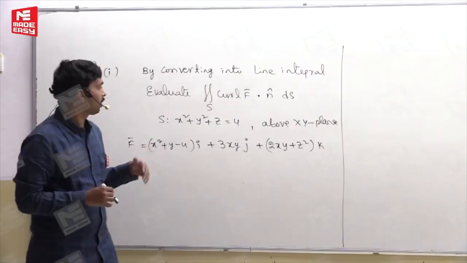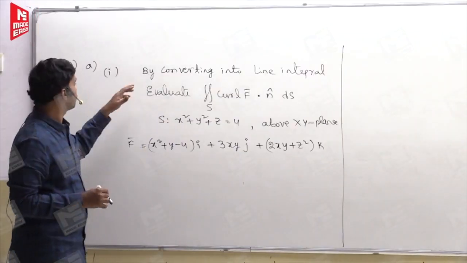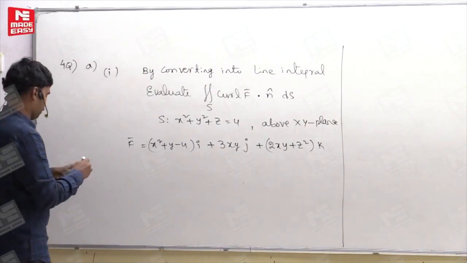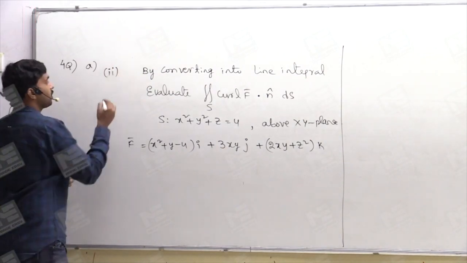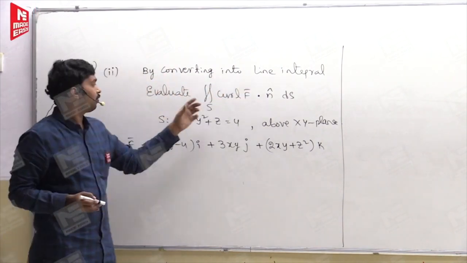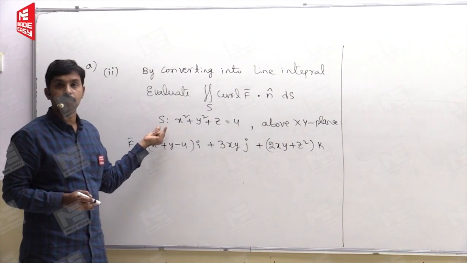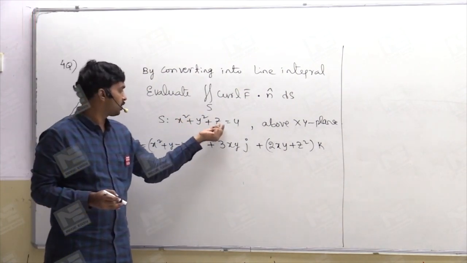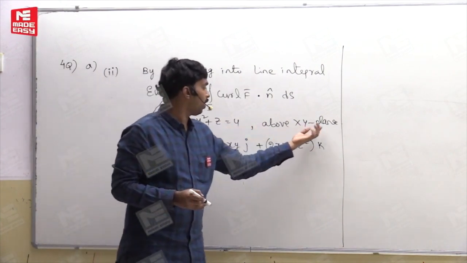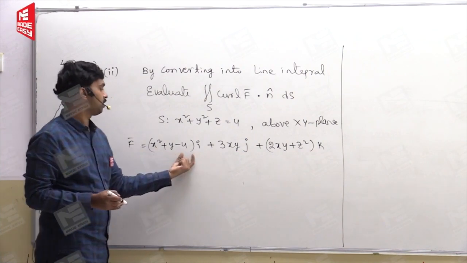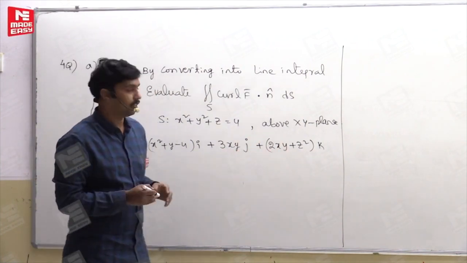Fine. Here we are looking into the fourth question, a bit, the second one. By converting into a line integral, evaluate the surface integral, where the surface is a paraboloid, that is x square plus y square plus z is equal to 4, above the xy plane, where f bar is given here.